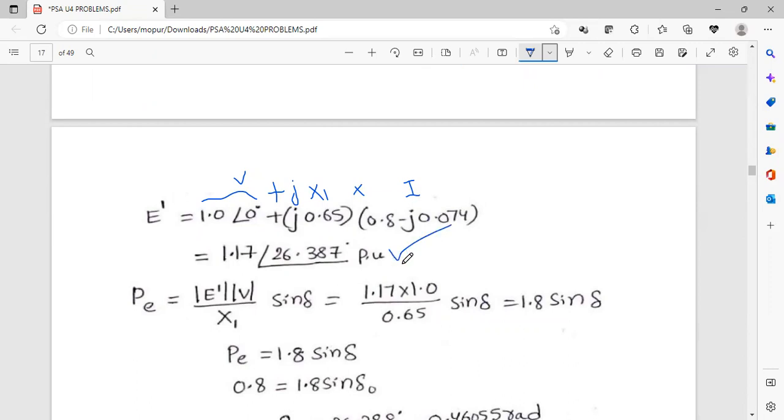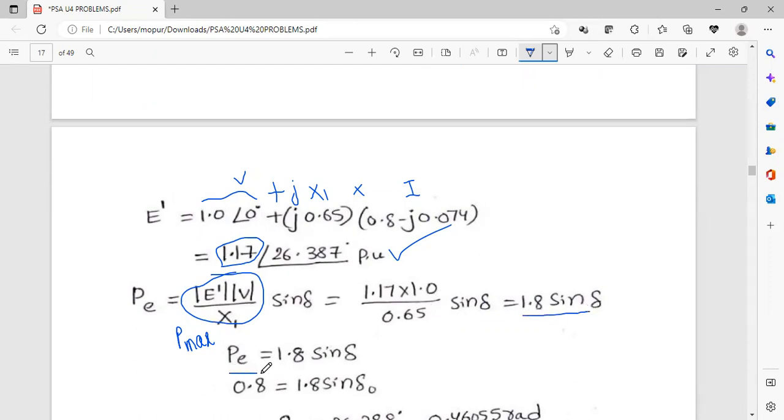After getting the value of E dash, we should find the value of P max. P max is equal to E dash into V by X1. We found the value of E dash, which is 1.17 in magnitude. We need the magnitude alone. This magnitude into V, which is 1, divided by 0.65. So we got PE is equal to 1.8 sin del.